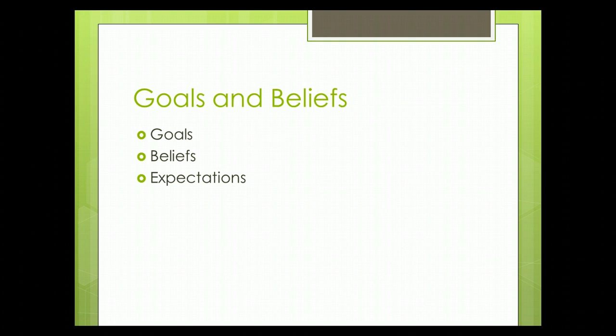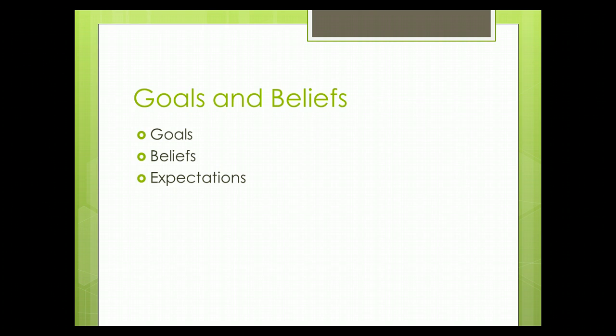First, expectancy. It says that people's effort will lead to an acceptable level of performance. If I believe and expect that if I perform well, that's going to lead me to have an acceptable level of performance.